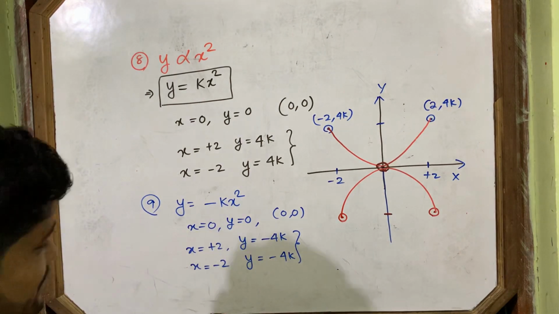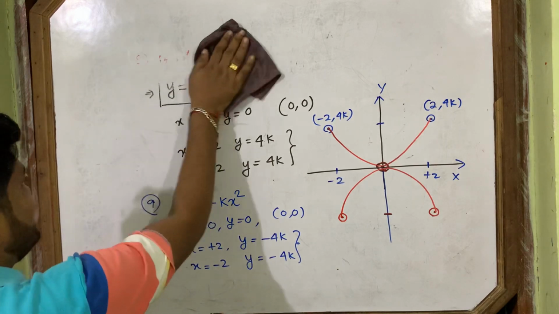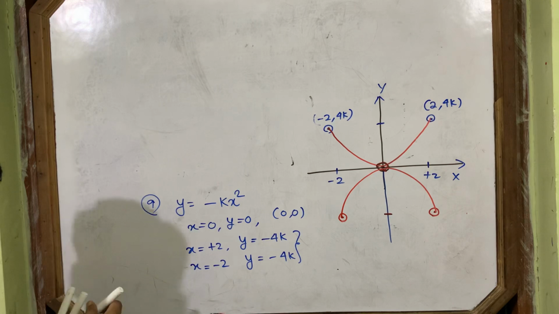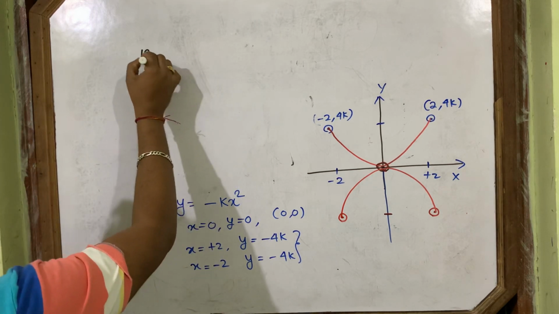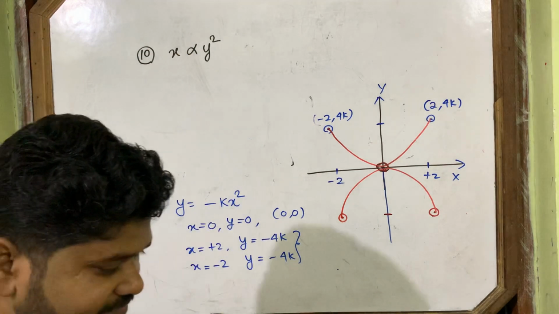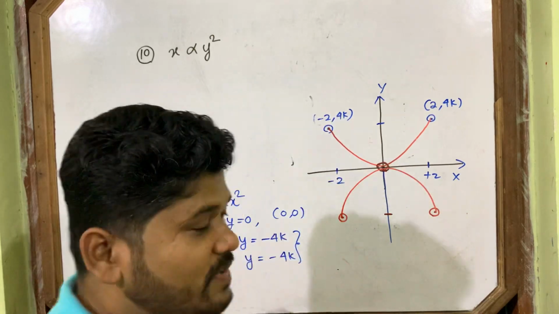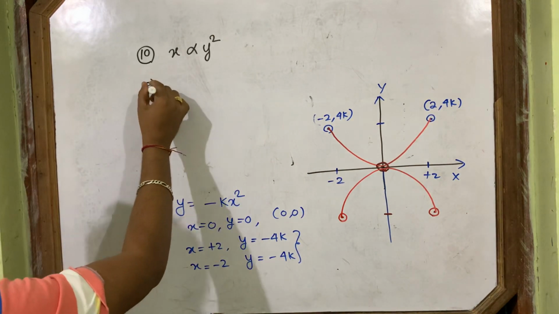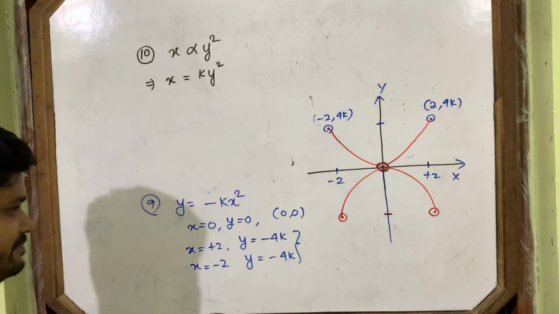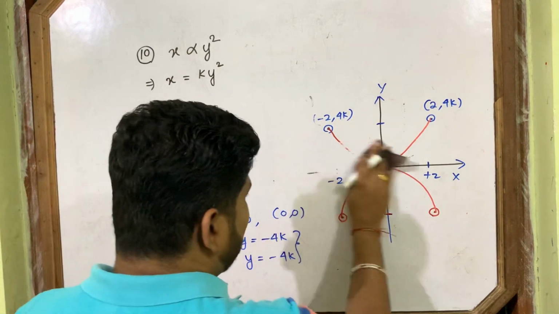Come to type number 10. If in 10 I'll tell x proportional to y square. Suppose x proportional to y square, then this is x is equal to ky square. Then how the graph will be?